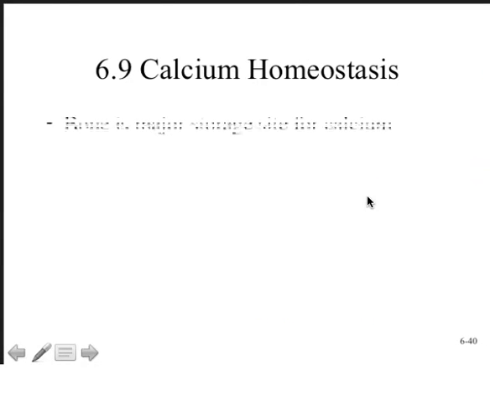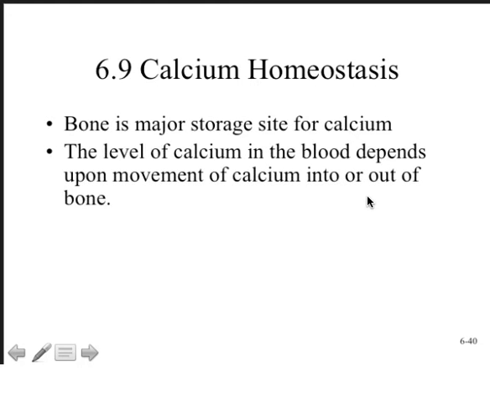Okay, now one of the major building blocks of bone is of course calcium, primarily in the form of calcium phosphate and carbonate. As a result, the skeletal system is a major mineral storehouse, not just for calcium phosphate and carbonate, but also for quite a few other minerals that are used as cofactors in enzymatic reactions. The level of calcium in the blood depends upon the movement of calcium into or out of the bone.